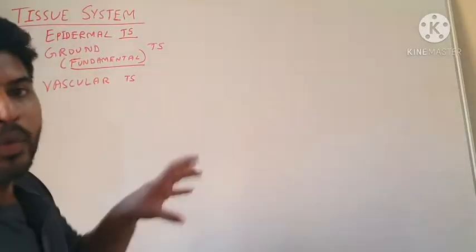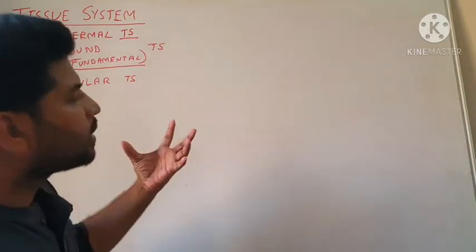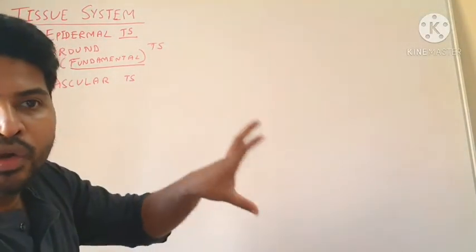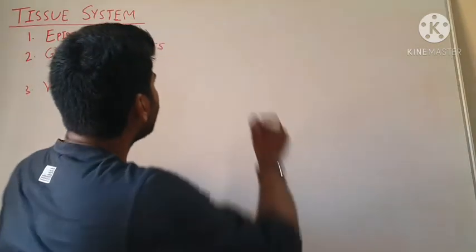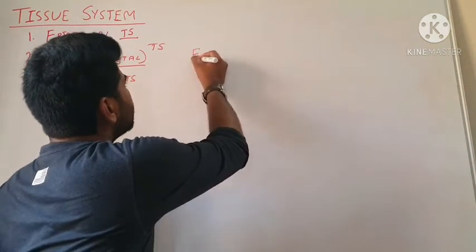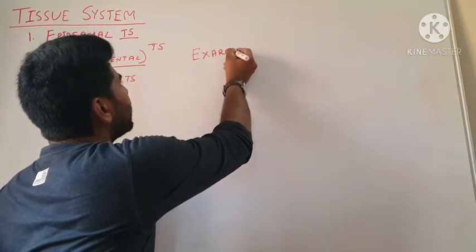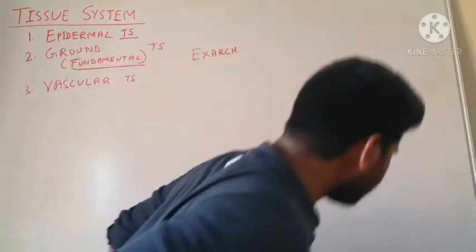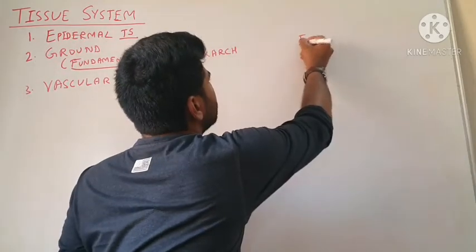When we talk about the vascular tissues, the xylem and the phloem, we have to talk about two conditions called the exarch condition and the endarch condition.